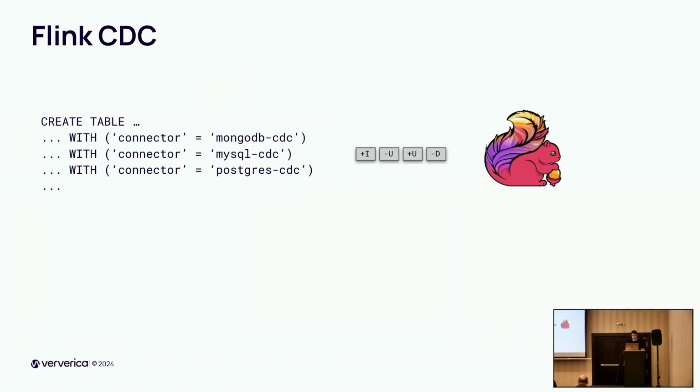Flink offers CDC-based connectors, which come with all the changelog modes. And with that, if you don't have a Kafka cluster, you can directly observe changes on your database and do your enrichment on the Flink SQL side and send the results to third-party systems.